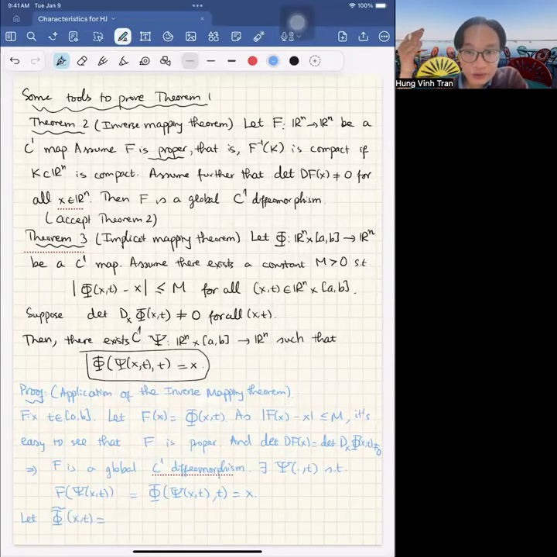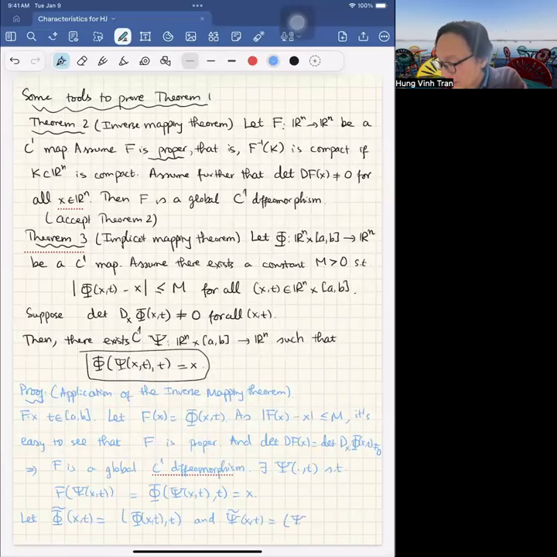So I let phi tilde of (x,t) be (phi(x,t), t), adding one more variable to make it map from R^(n+1) to R^(n+1). And c tilde of (x,t) to be (c(x,t), t), again adding one more variable, to make it exactly from R^(n+1) to R^(n+1).